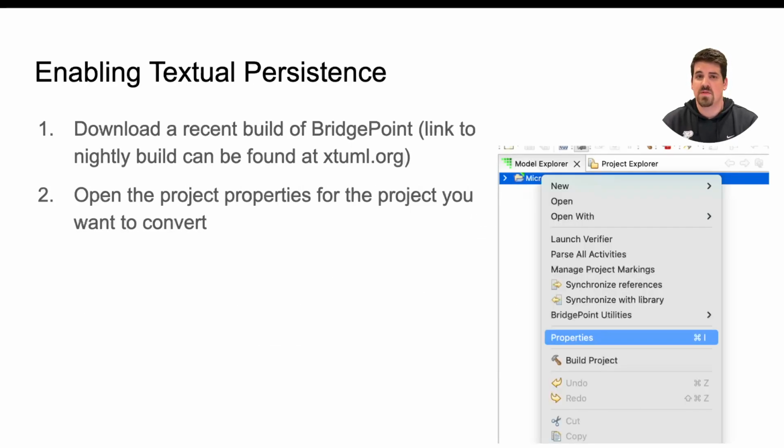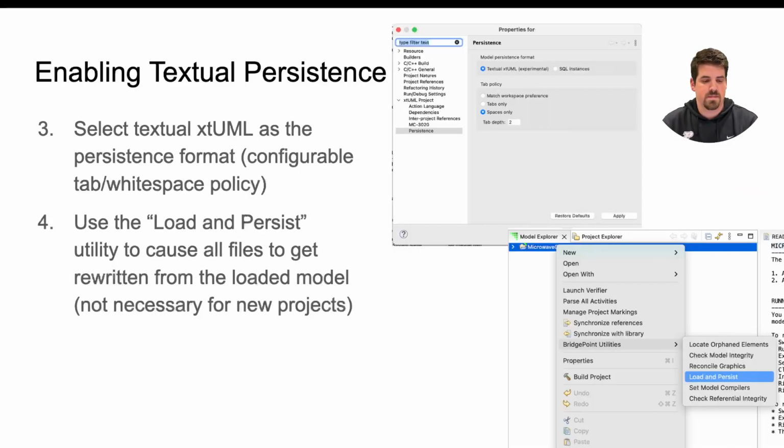So the first step is to download the latest nightly build of Bridgepoint. You can do that again by navigating to xtuml.org and going to the downloads page. Open the project in a workspace that you want to convert and right-click on the project and go to the project properties. In the xtUML project persistence subheading, you can tick the textual xtUML option.